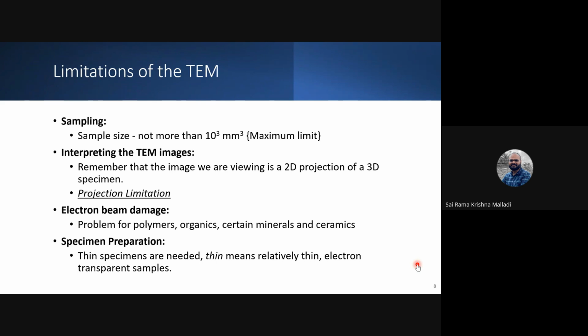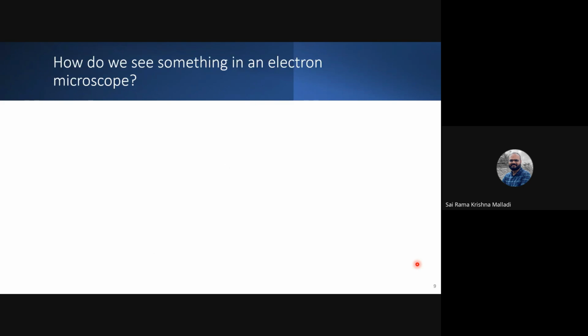And specimen preparation is an art and it is a challenge. You have to really cut, grind, polish, make the specimen thin enough such that it is less than 100 nanometers, and then you can start seeing the features inside the specimen. So these are the limitations of the TEM.